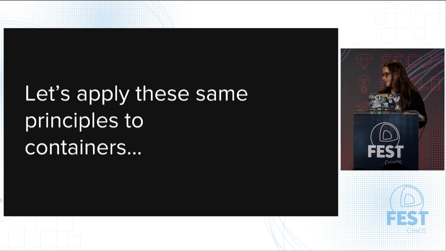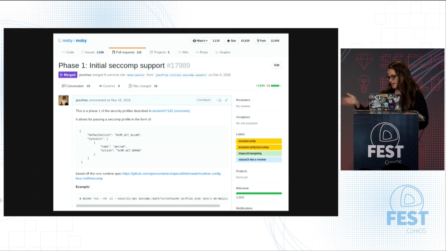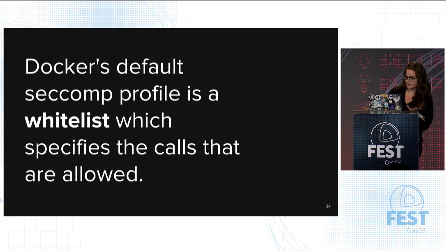So I started to get into applying all this to containers for everyone, and then also globally for my desktop. Docker got seccomp support, as did all the other container runtimes, which is nice, and it allowed you to give a custom profile for your containers, or you could use the default profile that we wrote, which was a whitelist that allowed only a certain set of syscalls.